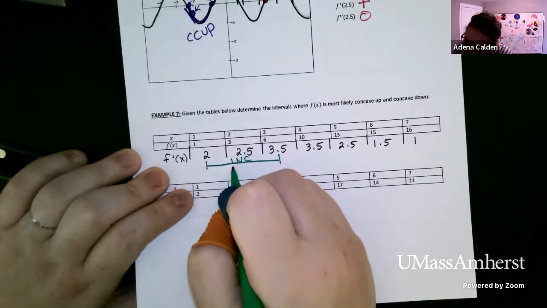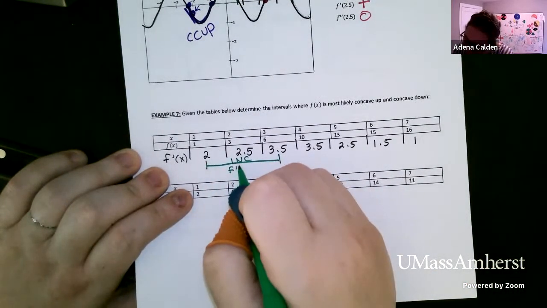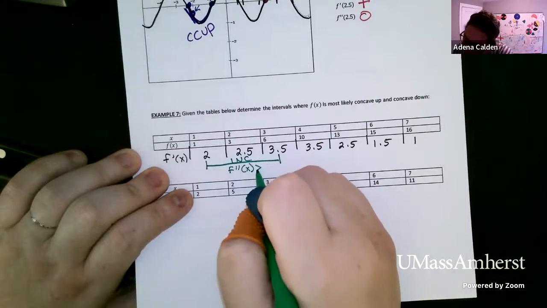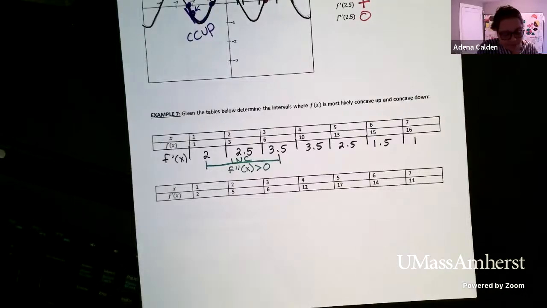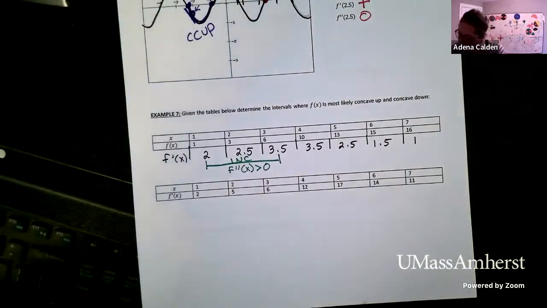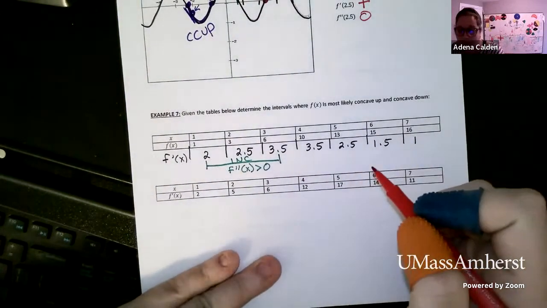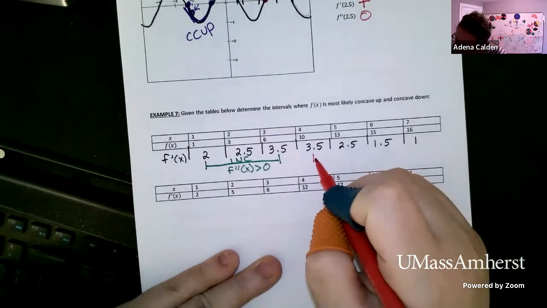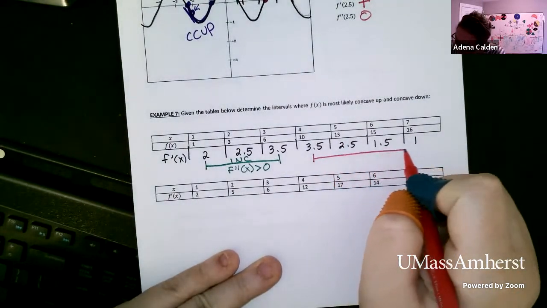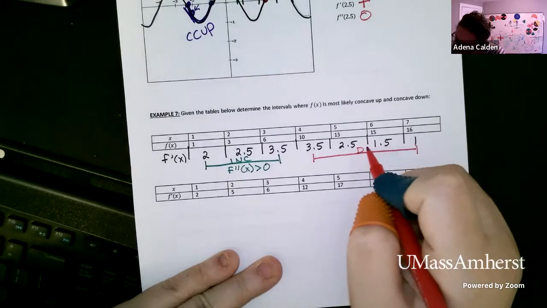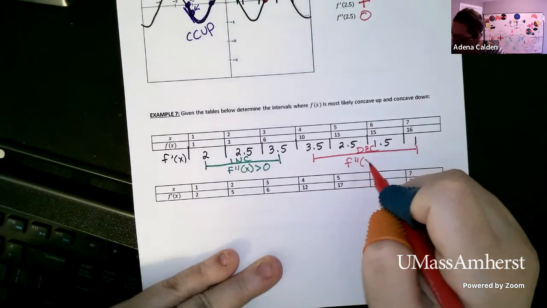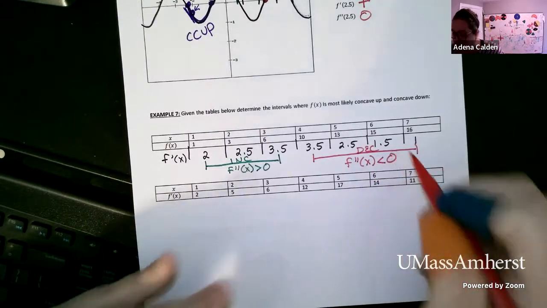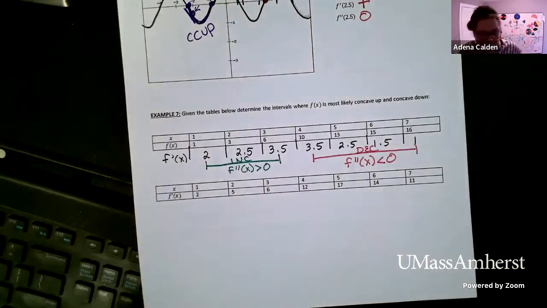And that tells me that in that interval, the second derivative is going to be positive. And then I want to consider where I'm decreasing. So 3.5 to 3.5, that's constant. But 3.5, 2.5, 1.5, 1, those values are going downwards. Those are decreasing. So the second derivative is going to be negative on that interval.